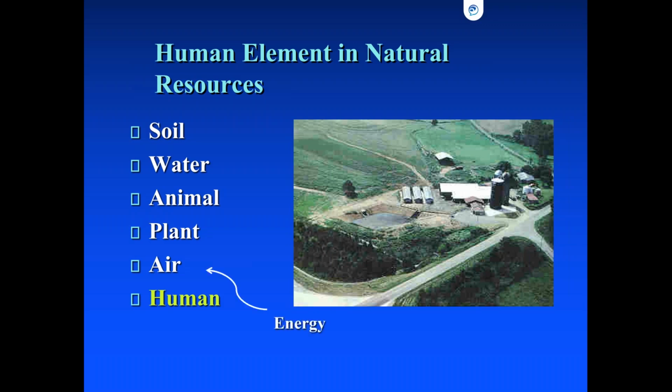And we've also added energy to that discussion. Human considerations, infrastructure, how we do our work out in the field, what kind of equipment we use, and how that equipment can save energy or be energy wasters. All of those things are things that we're looking at now.